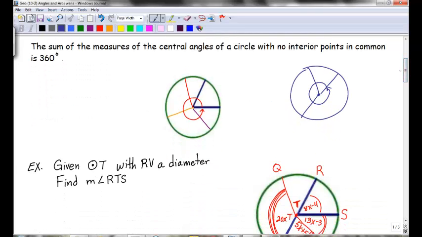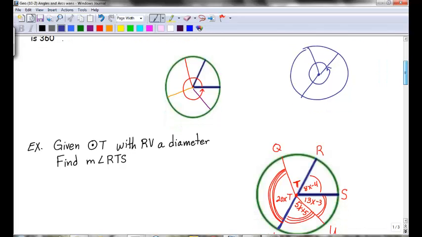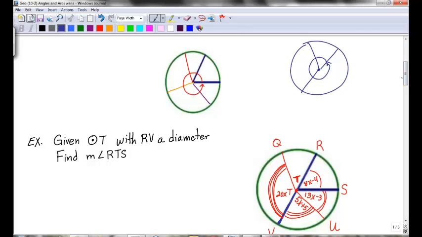Now let's look at an example. They will give you problems where you have to figure out an angle, or part of an angle. It says, given circle T with RV a diameter. So this is not just a math problem; it's also a reading problem.